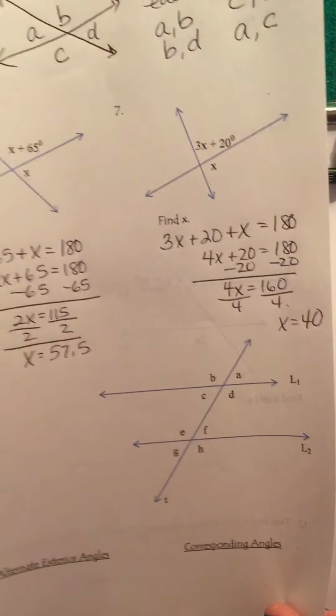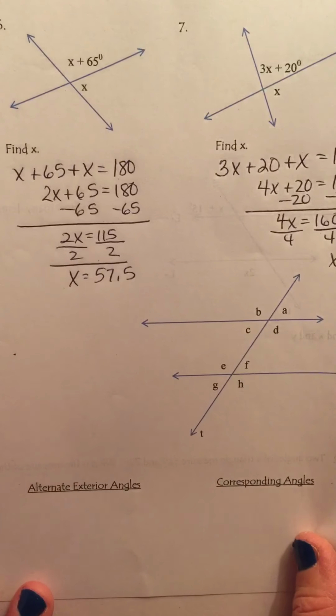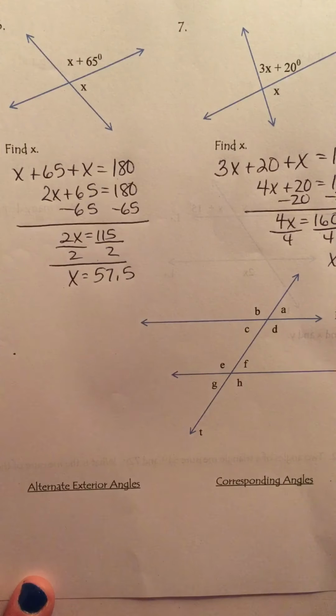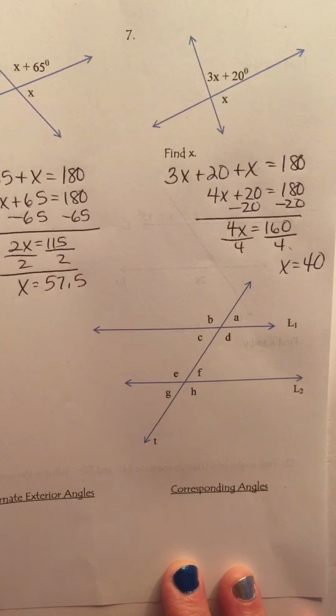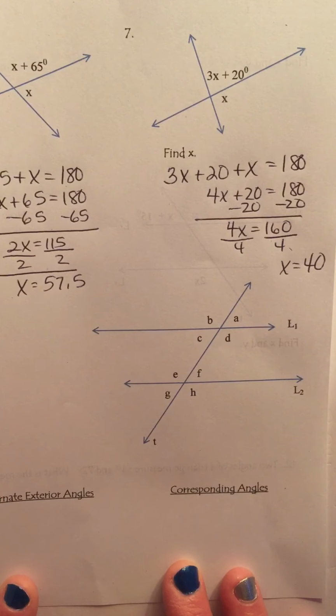I'm going to use this picture here to talk about alternate exterior angles, corresponding angles, and alternate interior angles. Talking about alternate interior angles first, we've got two lines, L1 and L2, that are parallel lines.